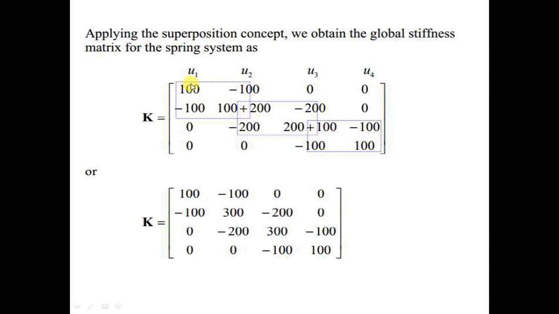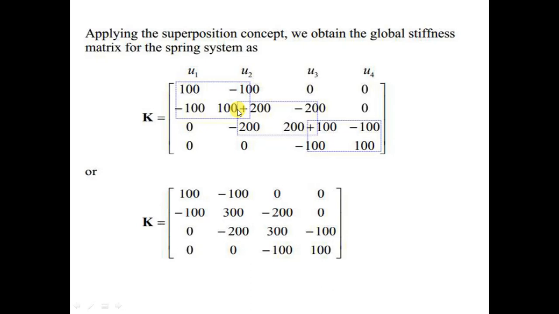Element 1 is formed by nodes 1 and 2, so we write it in the first row, first column, second row and second column: 100, minus 100, minus 100 and 100.